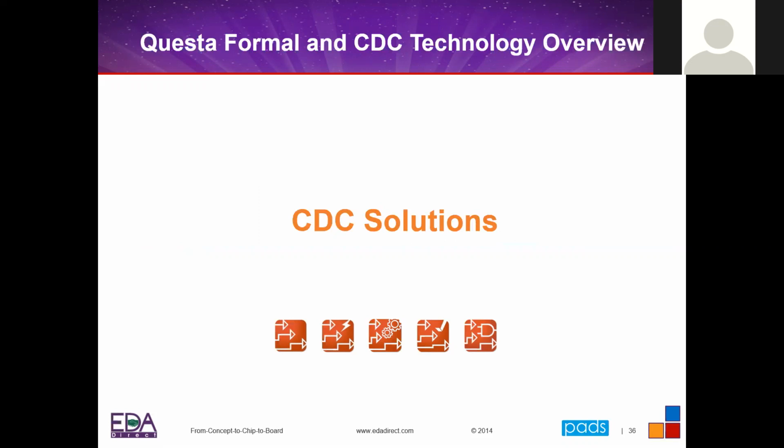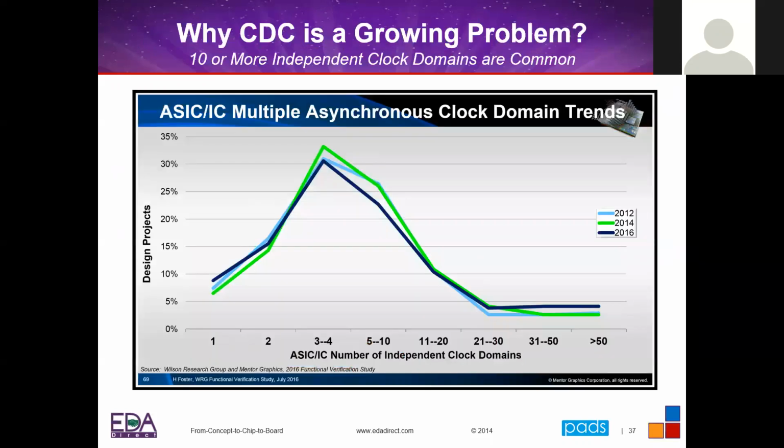So CDC is our clock domain crossing solution. If we look at ASICs that are being done these days, we see that on average, there's probably about 7 or 8 clock domains. The most probably have 4 or 5. We get up to like 50 or more, and very few only have a single 1 or 2 clock domains.